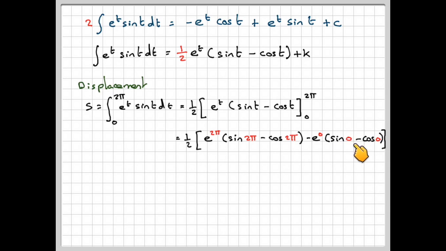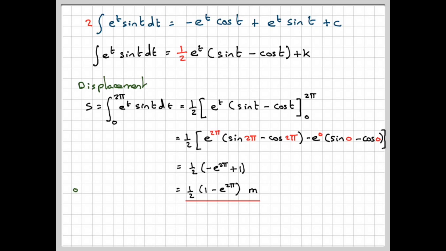You've got to be careful here because obviously cos of 0 is 1. Now sin of 2 pi is 0, but cos of 2 pi is 1. So we're going to have a half of minus e^(2 pi). e^0 is 1, sin 0 is 0, cos 0 is 1, minus minus is going to give me a plus 1. Probably better to write it as one half (1 minus e^(2 pi)) meters.